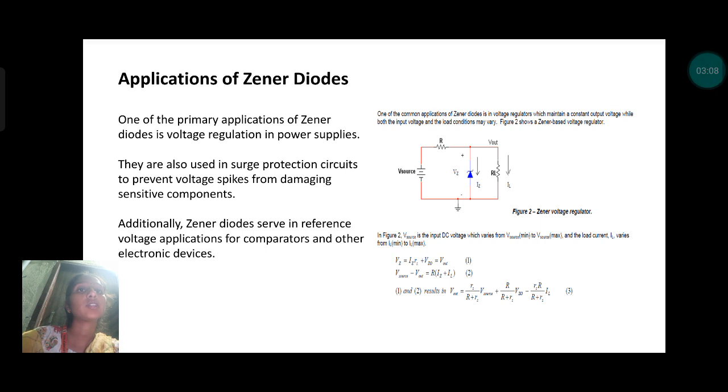Applications of Zener diodes. In our daily life, we use stabilizers. A stabilizer is used to protect our electrical instruments like TV and fridge.